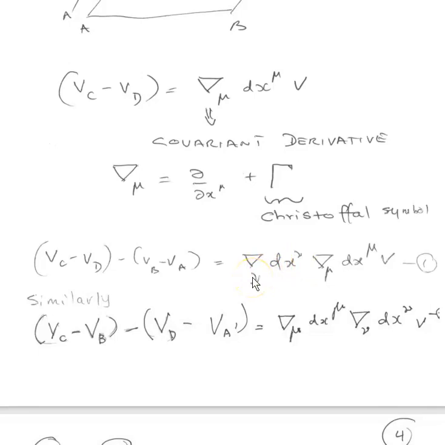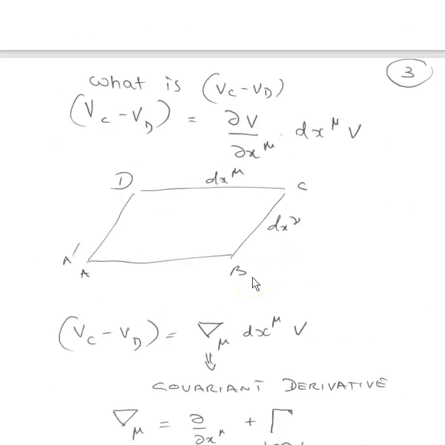That will be the curvature on B, this curvature here, VC minus VD to be this curvature here. That's also a covariant derivative. Again, if you are going on a curved surface, this always has to be a covariant derivative, because you cannot find a coordinate system in which the basis vectors will not change on curved surfaces.